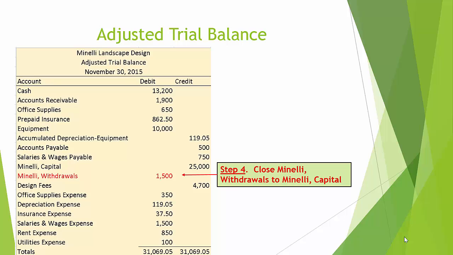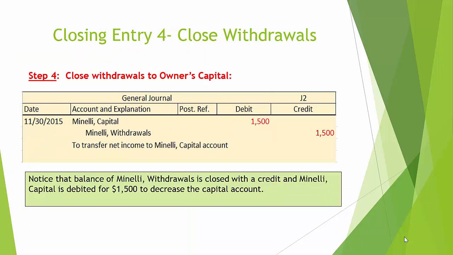Finally, step 4, we're going to close withdrawal to Minelli capital. As you can see from the adjusted trial balance, there is a debit balance of $1,500 in the withdrawal account. The closing entry to close withdrawal is to debit Minelli capital to decrease the capital account and credit Minelli withdrawal $1,500 to zero out that account.